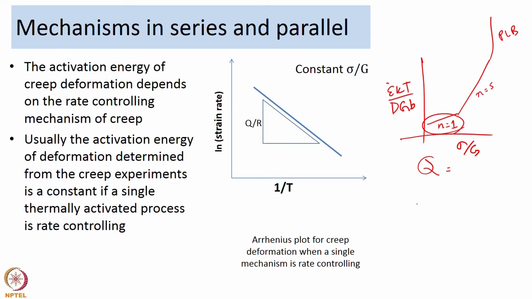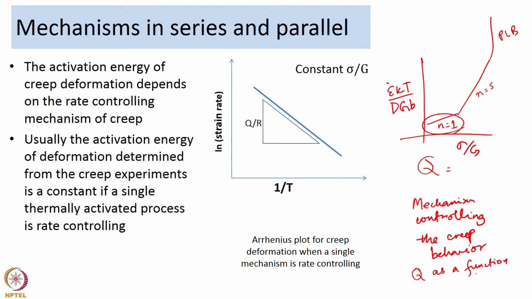So, if you have more than one mechanism controlling the creep behavior, then the Q value will vary as a function of the area, and when I say area, I basically mean the region or regime where the mechanisms are operating.